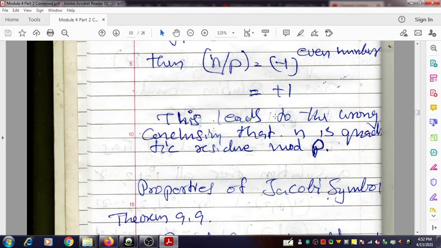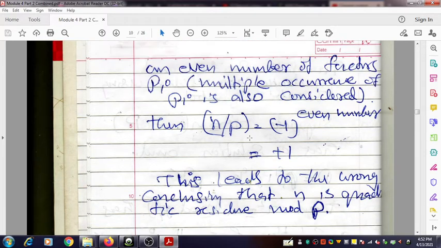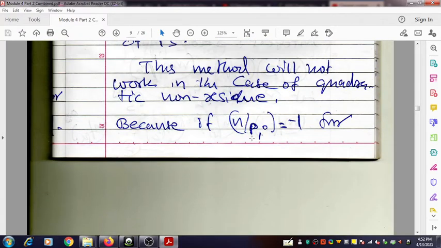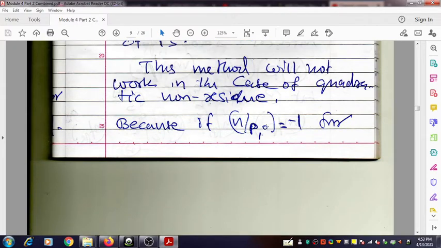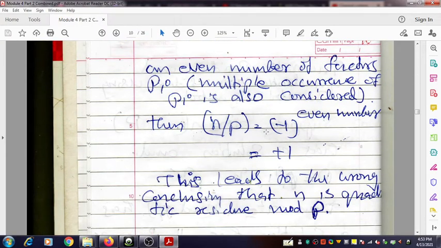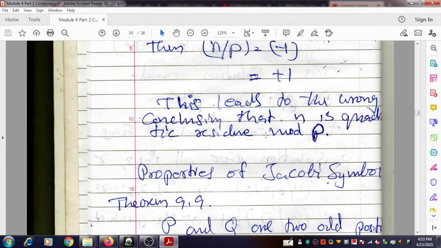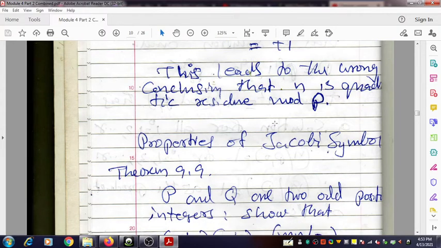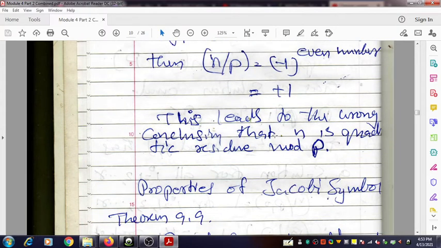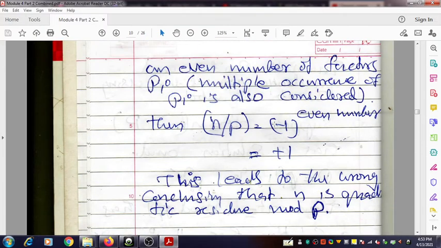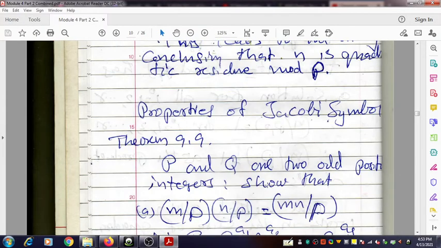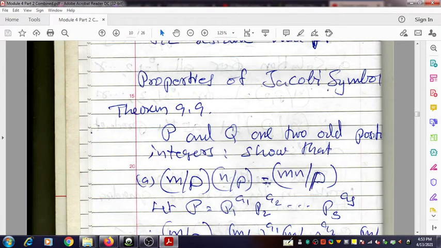Therefore, the converse of the above statement that we mentioned in our previous discussion may not be true in this case. Thus this leads to the wrong conclusion that n is a quadratic residue mod p, but even if n is not a quadratic residue mod p, we get that n bar p equal to plus 1. So it's misleading.